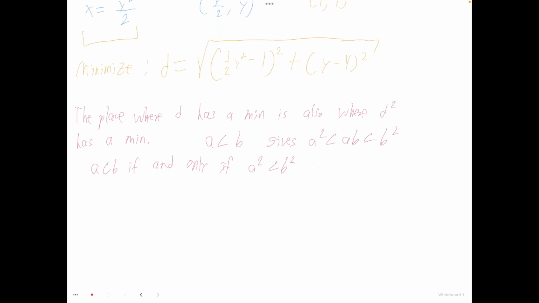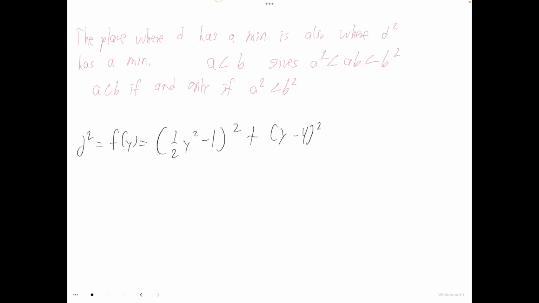So we're going to look at d squared, and that's the thing we're actually going to take the derivative of. So d squared is going to be equal to the function f of y, which equals (1/2 y squared minus 1) squared plus (y minus 4) squared. So now this is what we want to take the derivative of.